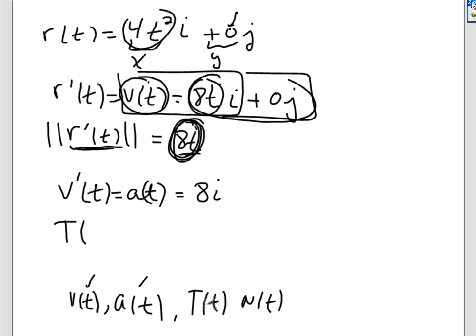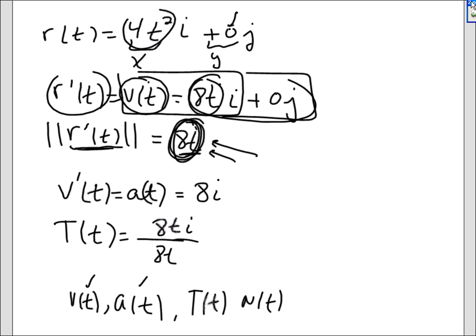T of t is not very hard at this point, because by definition it's r prime of t, which is 8t in the i direction, divided by the length of r prime of t, which is 8t. This gives us 1i, a constant. So we have T of t.